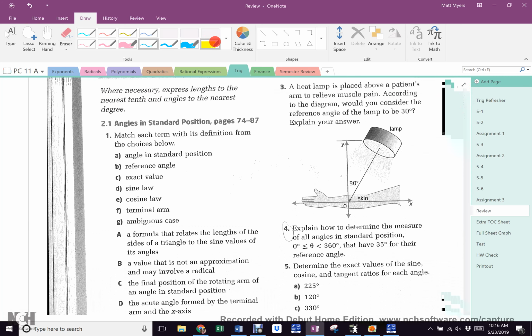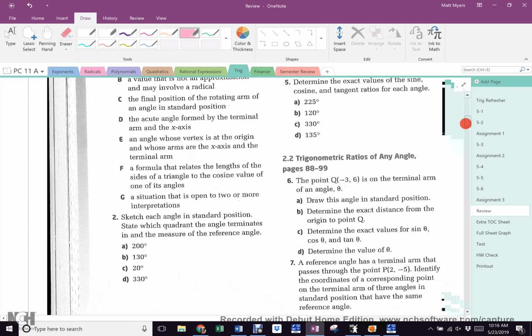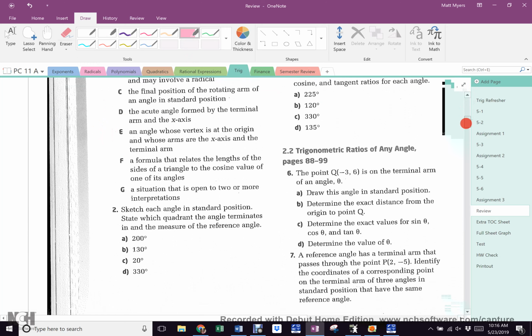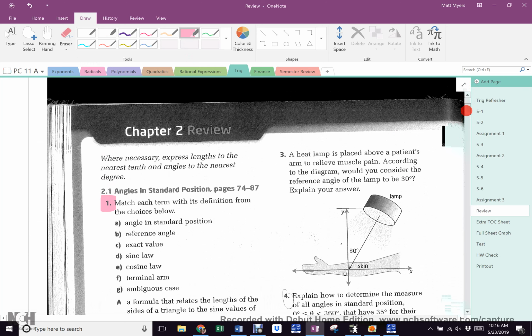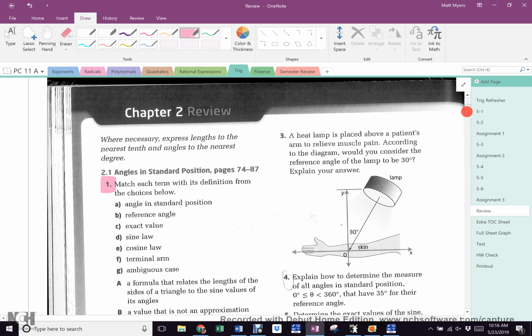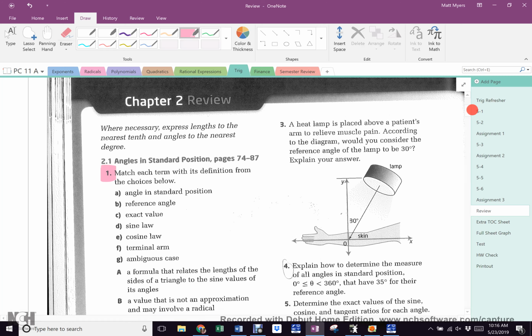I want you to do, I'm going to highlight in pink, number 1. Number 3.